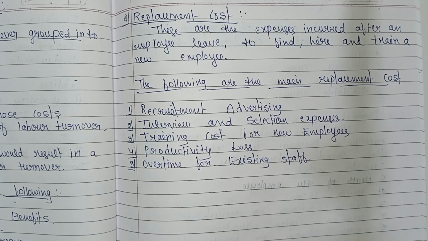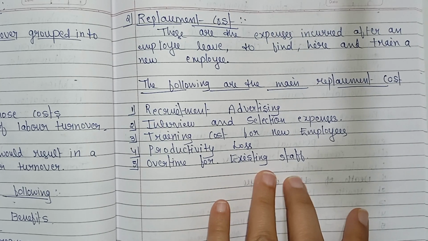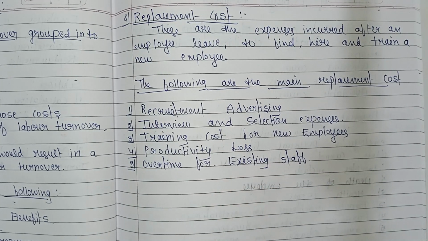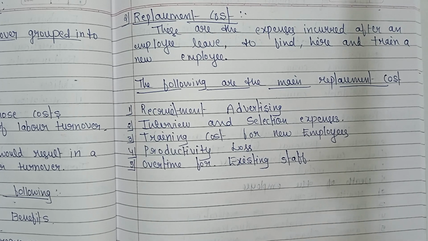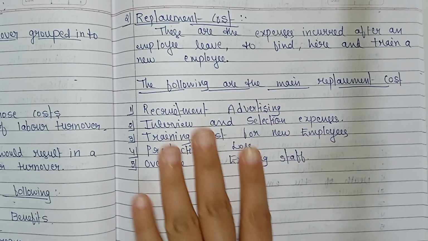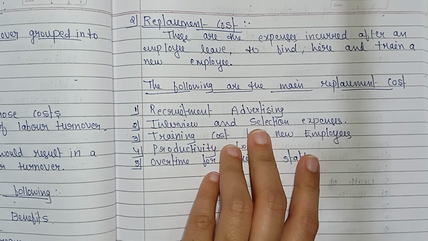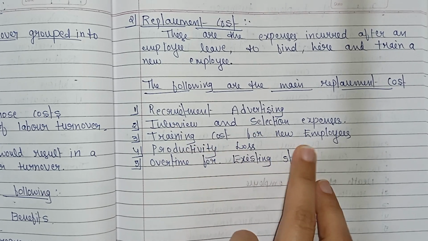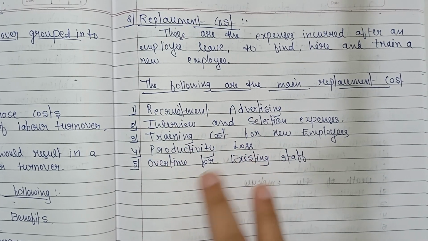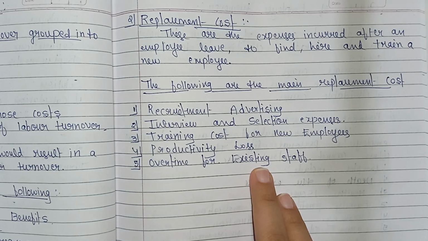Then the existing employees have to complete all pending work until the vacancy is filled. So these are the replacement costs: recruitment advertising, interview and selection expenses, training cost for new employees, productivity loss and overtime for existing staff.